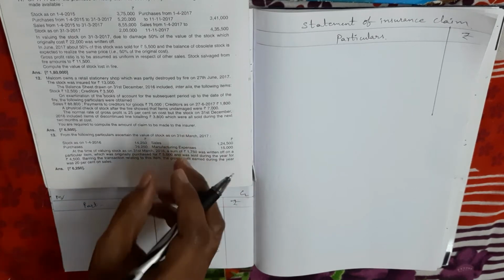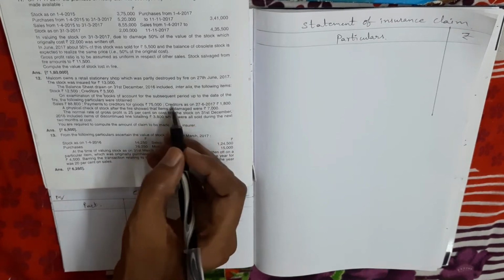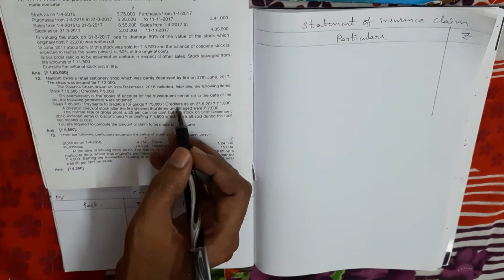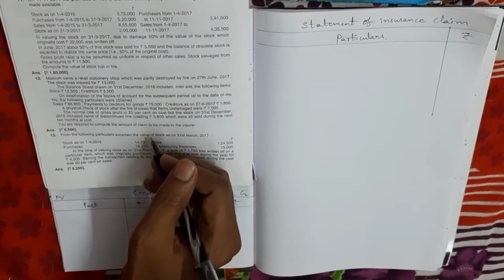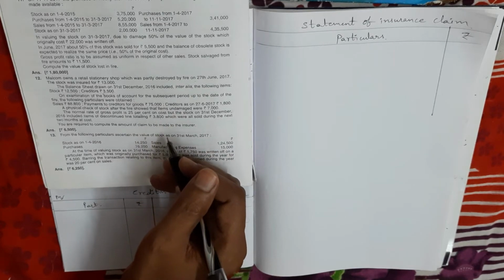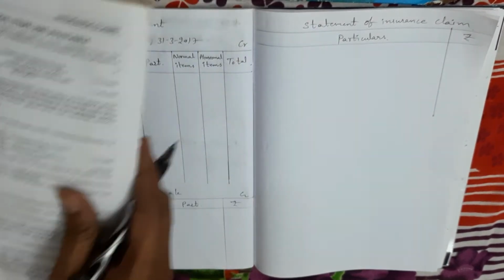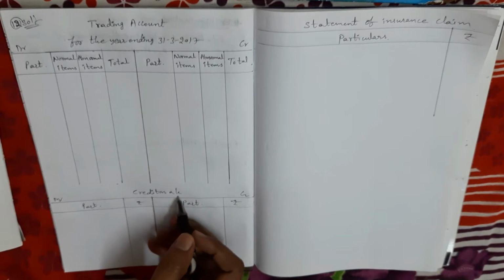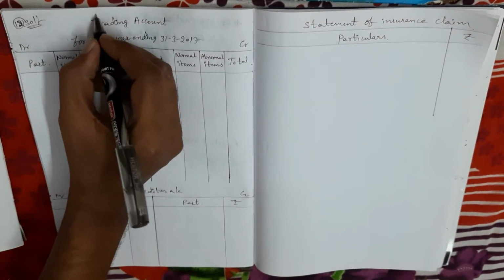Okay. So my dears, in this problem, as the purchase amount is not given, creditors information is given. So with the help of creditors information, we find out the total purchase for the current year up to the date of fire accident. That's why here I prepared the creditors account, along with the memorandum trading account.